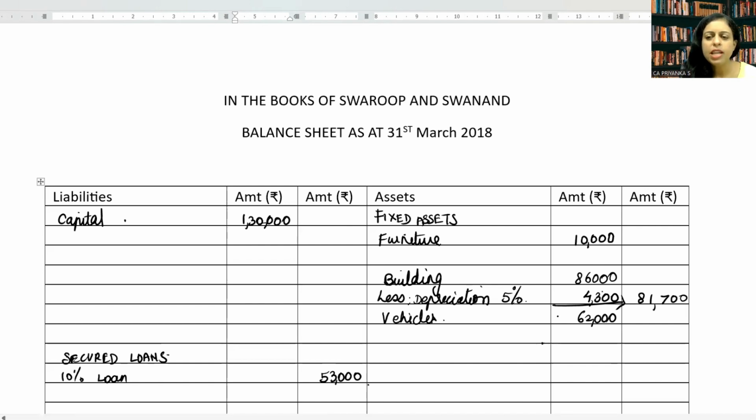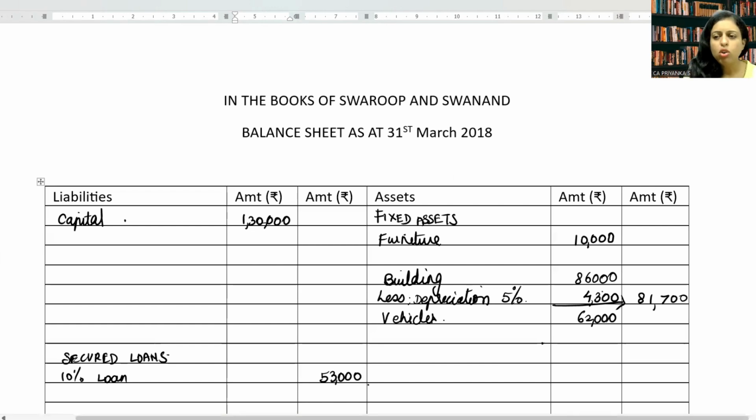Fine. Now this is just one effect, correct? I've given the reduction in the asset, so I've given a credit impact in this case because I'm reducing the value of the asset. An asset has a debit balance. When I reduce it, it's actually a credit impact. Now, what is the debit impact? I have to show this same value of depreciation in my profit and loss account as an expense.